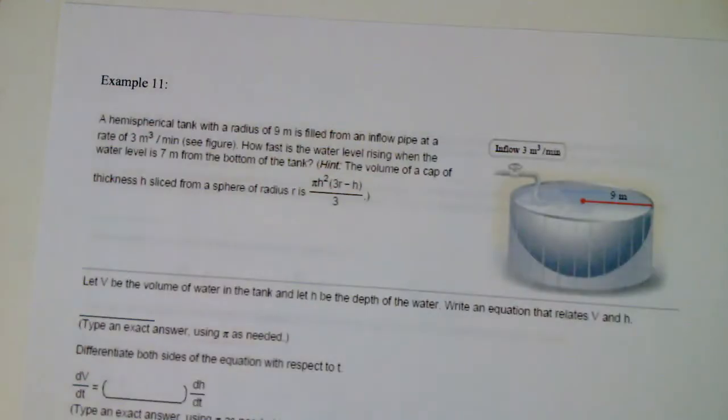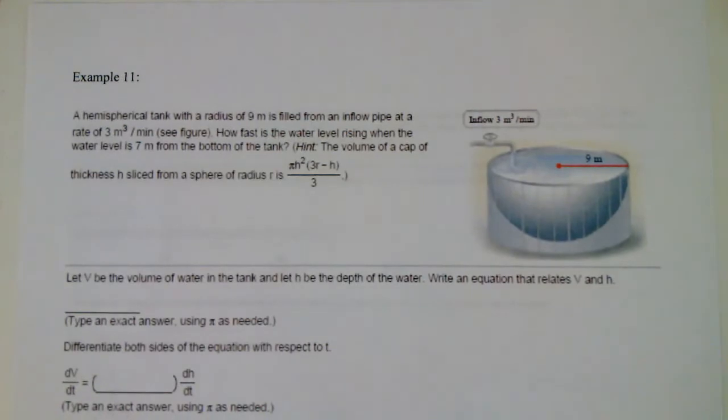Okay, here's example 11. And that's this. Here we're dealing with a hemispherical tank with a radius of 9 meters and is filled from an inflow pipe at a rate of 3 cubic meters per minute, as you can see here.